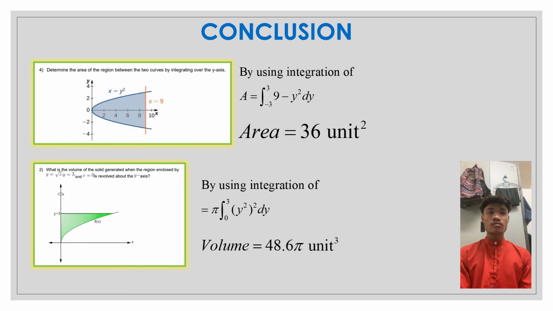Secondly, for question 2, by using the integration V equals pi times the integral from 0 to 3 of y to the power 4 dy, we got the volume equal to 48.6 pi cubic units.